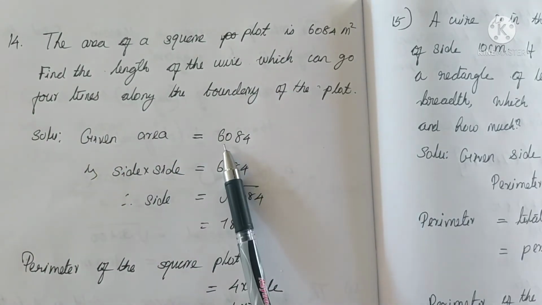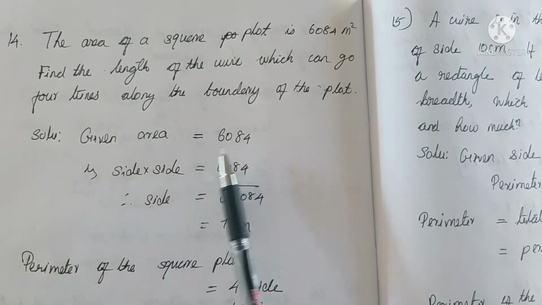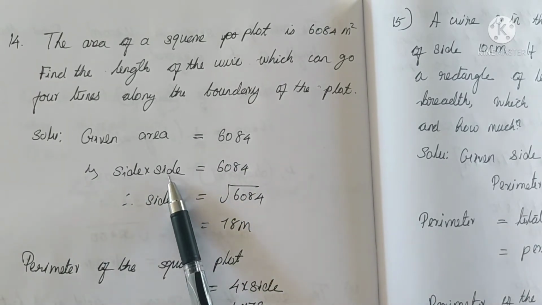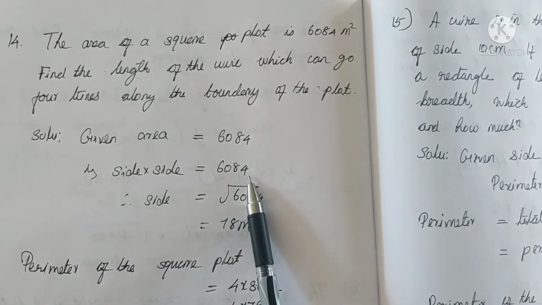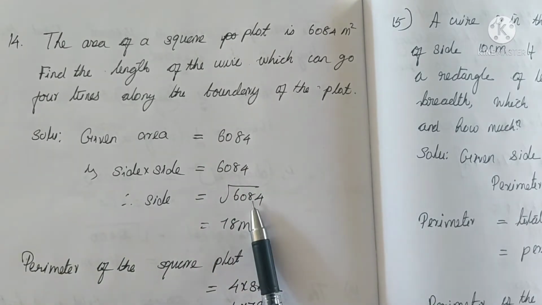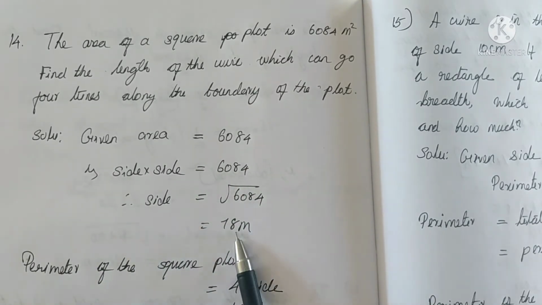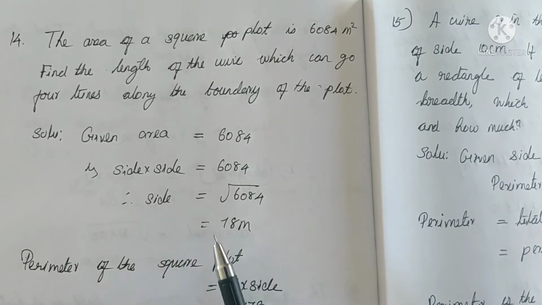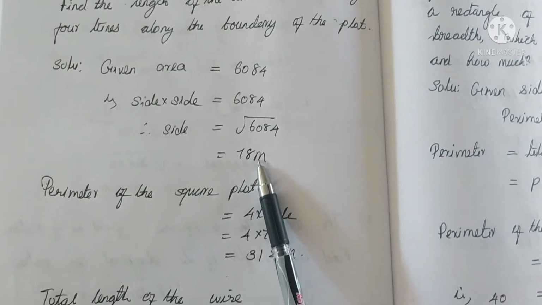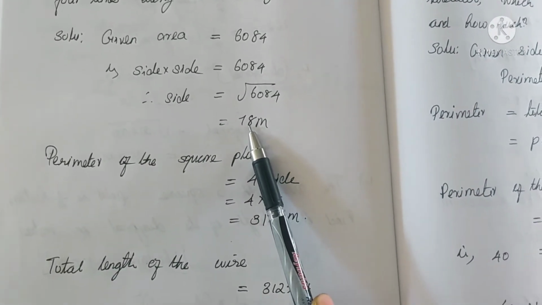See, given area is equal to 6084. What do you mean by area? Side into side. That is equal to 6084. Then side is equal to square root of 6084, which is equal to 78 meter. So we got the side of that square field. Now we can find the perimeter.